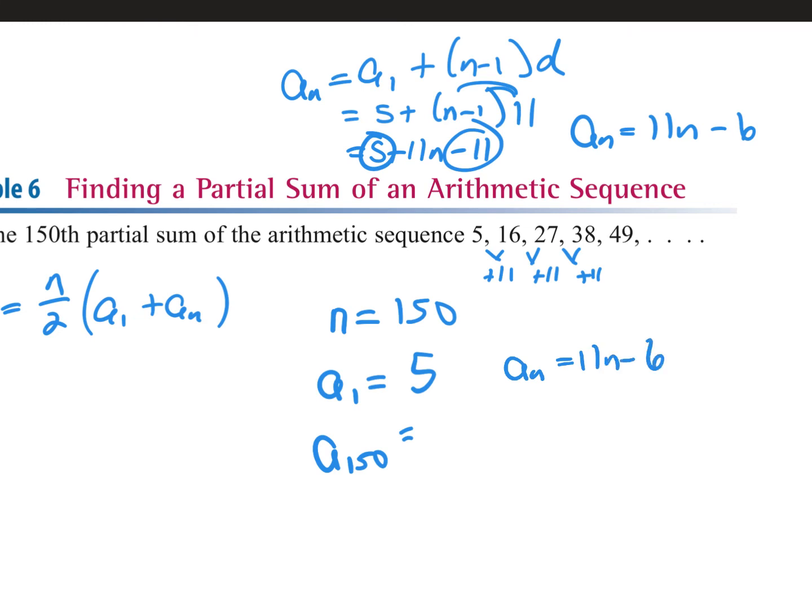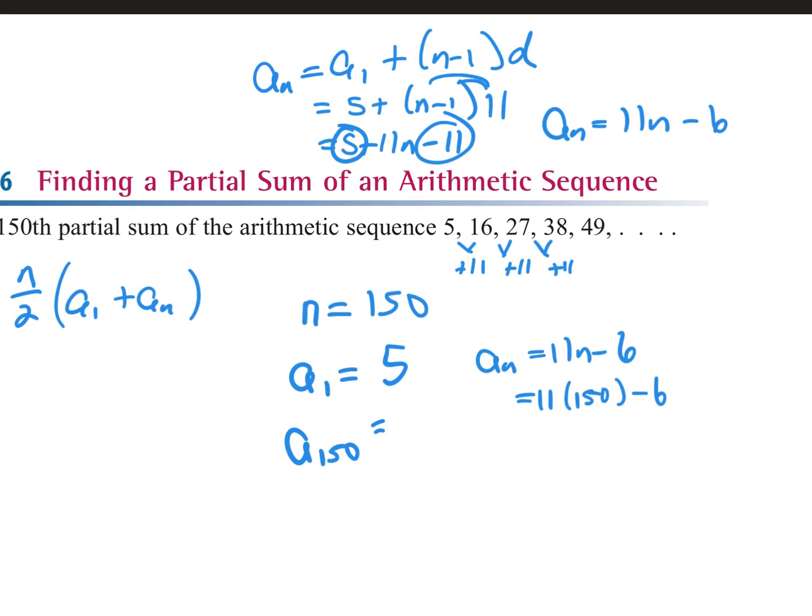What am I looking for? The 150th term. So I have to say 11 times 150 minus 6. What's 11 times 150? 1,650. All right, minus 6. So the 150th term is 1644.